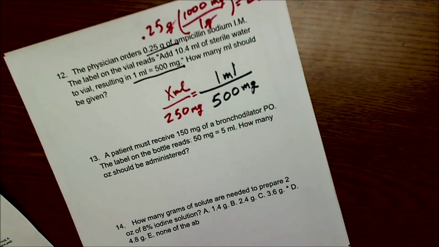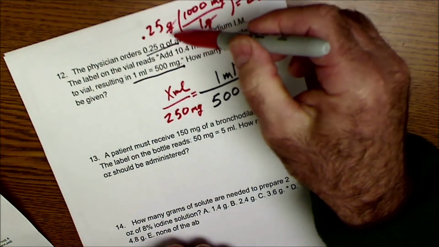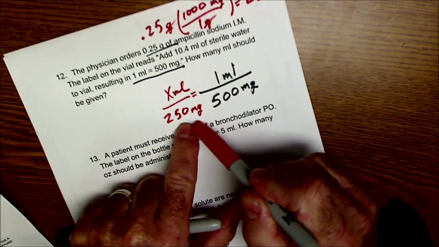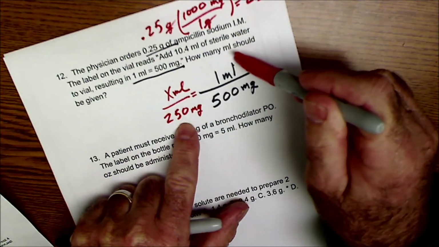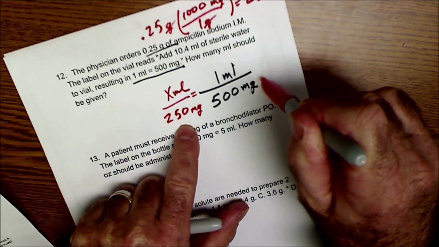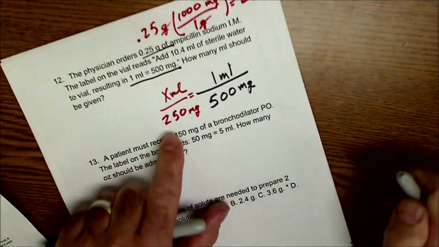Let's do a little double check on this setup. The physician orders 0.25 grams, which is my 250 milligrams. The result is 1 milliliter per 500 milligrams. How many milliliters will I need for that 0.25 grams or 250 milligrams?